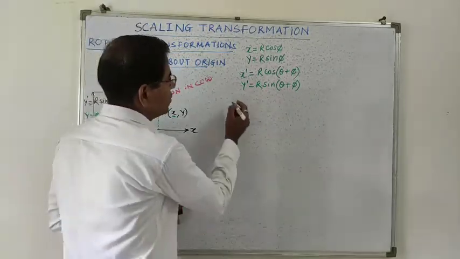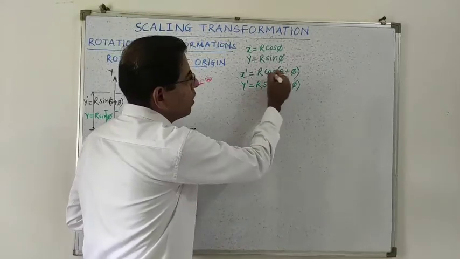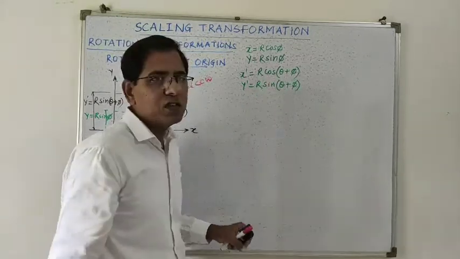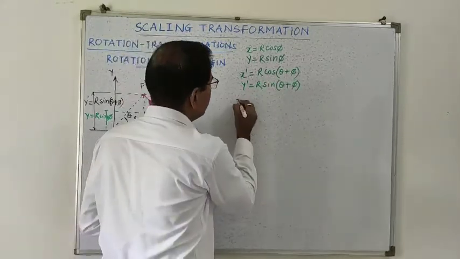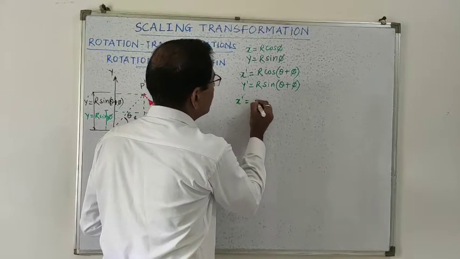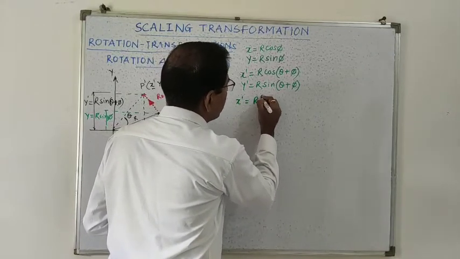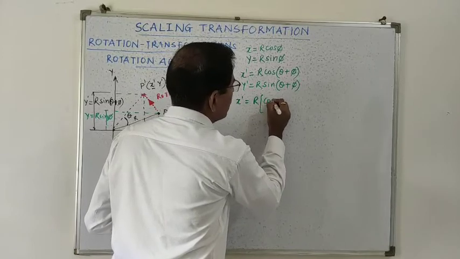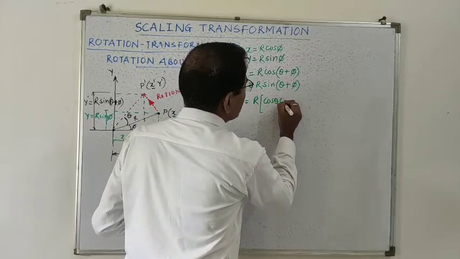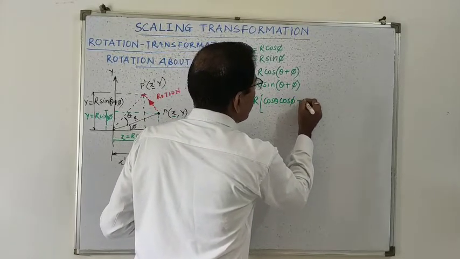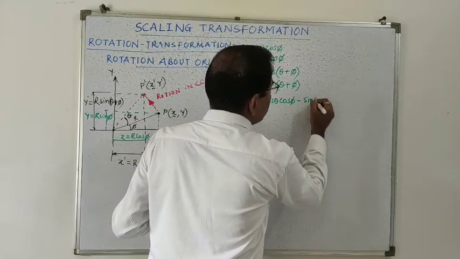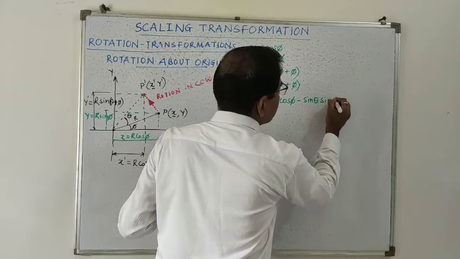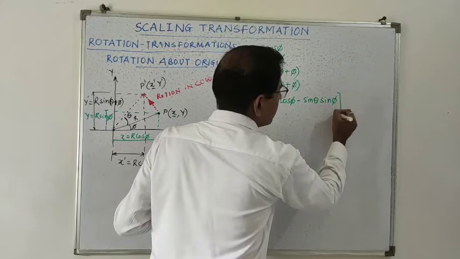So x dash is equal to r cos theta cos phi minus sin theta sin phi.